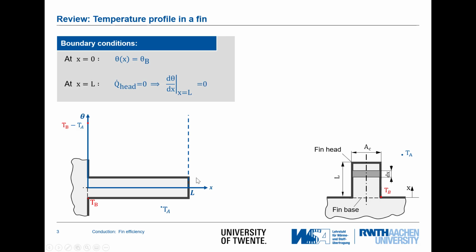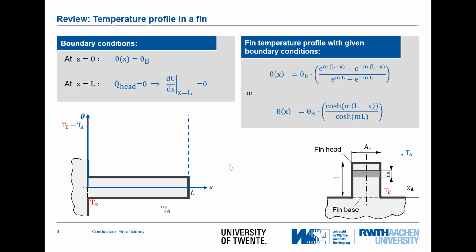On the other side, at the fin head, at x equal to L, we assume that there's no heat transferred across the upper surface, which leads to the fact that the first derivative of the temperature, and also of the reference temperature theta, will be 0.